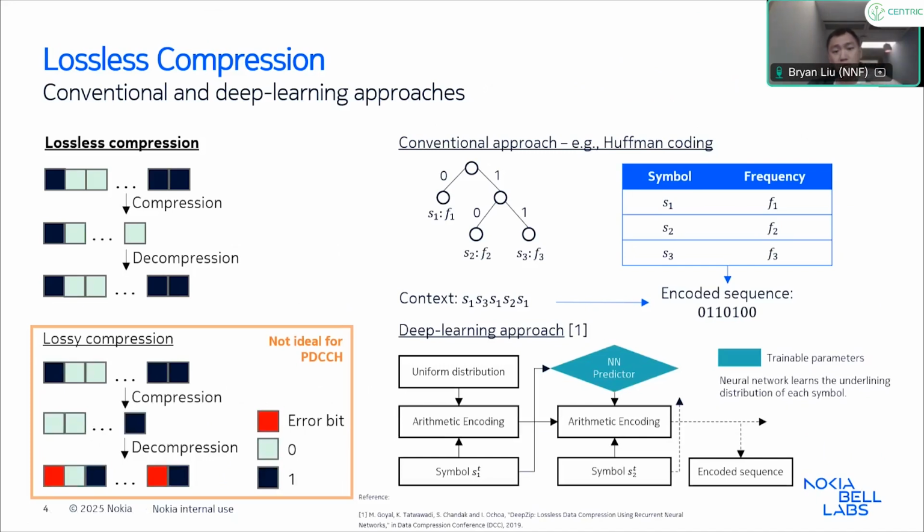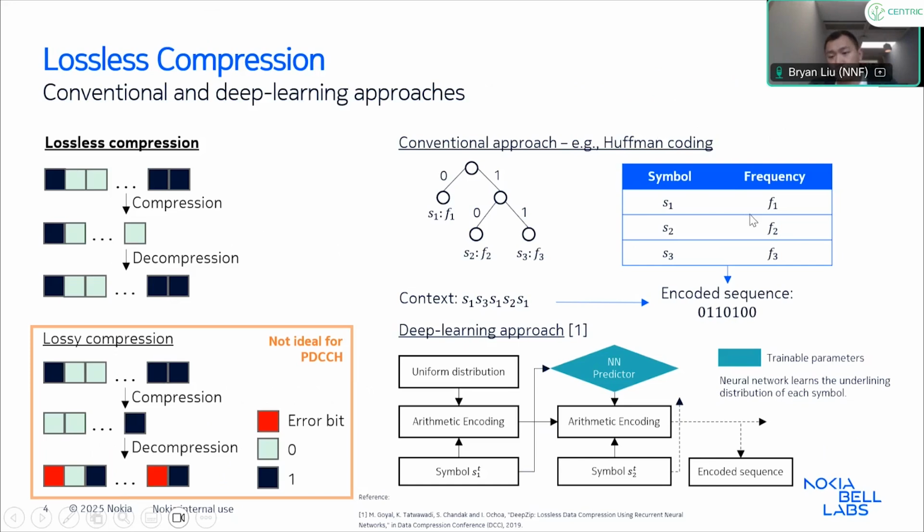We don't want to introduce any errors to the control bits in this PDCCH. That's why we choose lossless compression techniques to losslessly compress the DCI message without introducing any errors to the control bits.